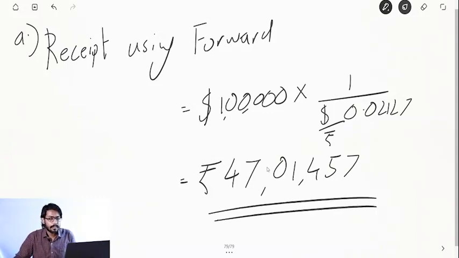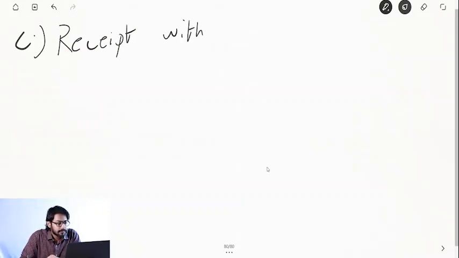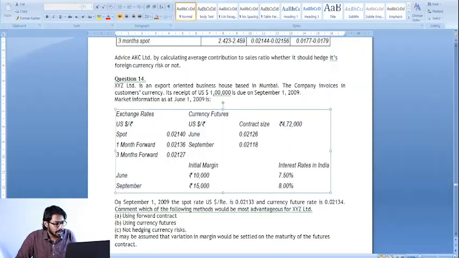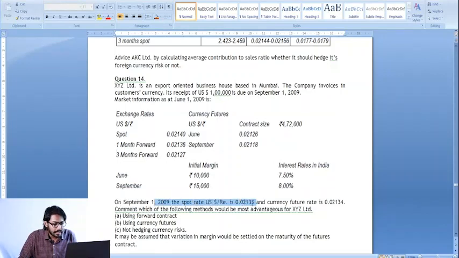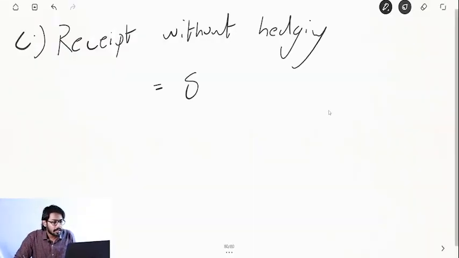Part C. Receipt without hedging. If you don't hedge, on September 1st, 2009, the spot rate is 0.02133. On the due date, the spot rate is 0.02133. So your receipt will be $1 lakh.